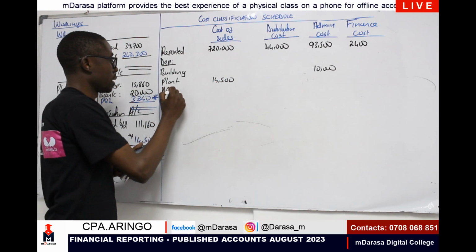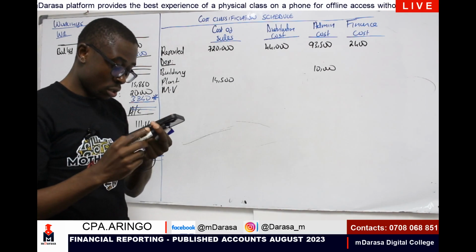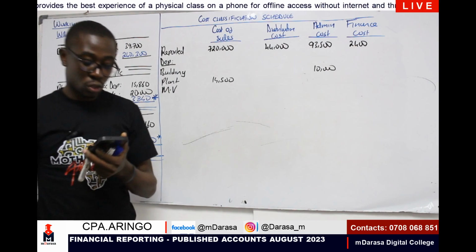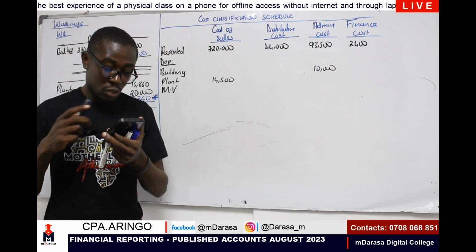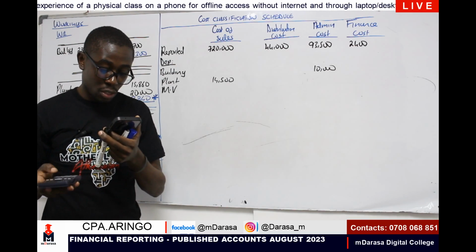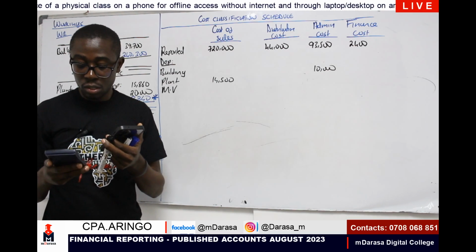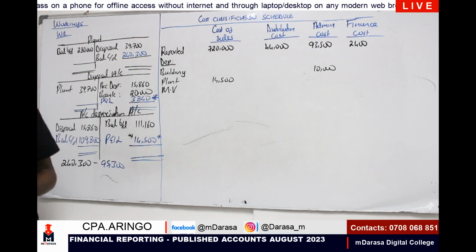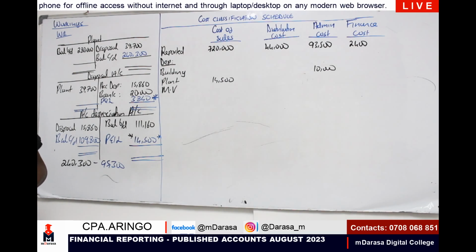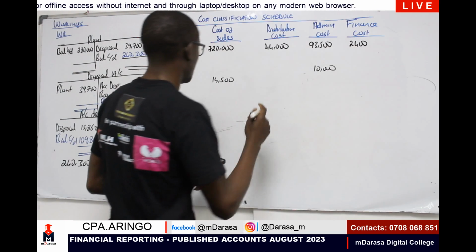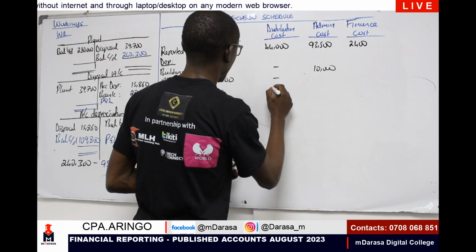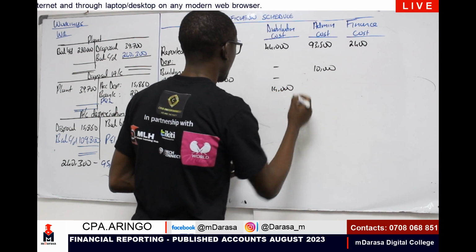So motor vehicle, straight line basis. The motor vehicle cost us 70 million, so I'll be having my 70 million times 20%, which will give us 14,000. So that is distribution. Motor vehicle, I'm getting 14,000. Very confidently, I'll be having my 14,000 there.